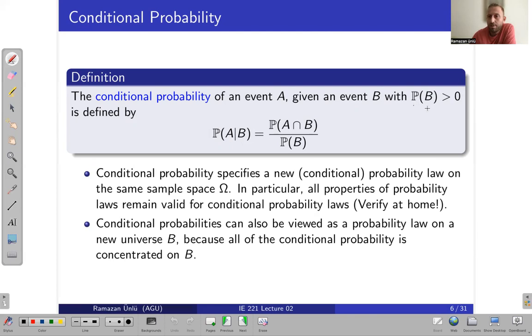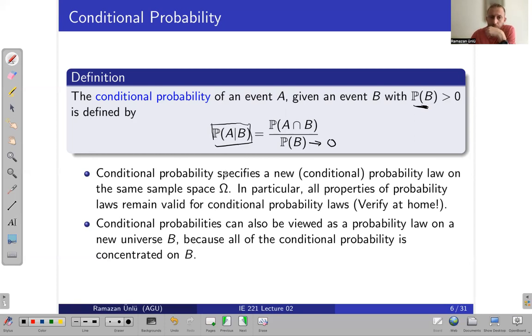Why? Because if this were 0, the denominator would be 0, and this would be undefined.